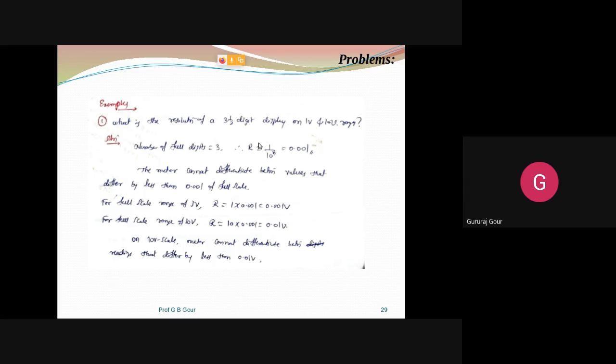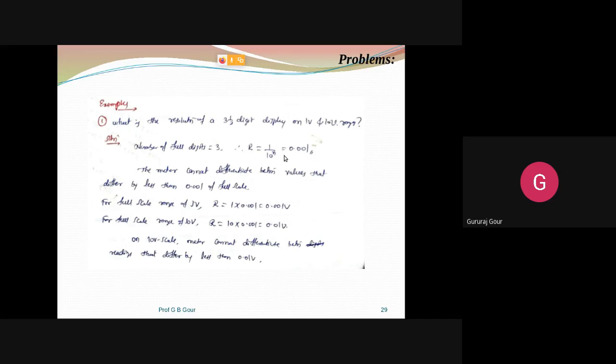Listen carefully. What is the resolution of a 3.5 digit display on the 1 volt range, and separately on the 10 volt range? The number of full digits is 3. The other half digit is not a full digit, it is half. So full digits are only 3.